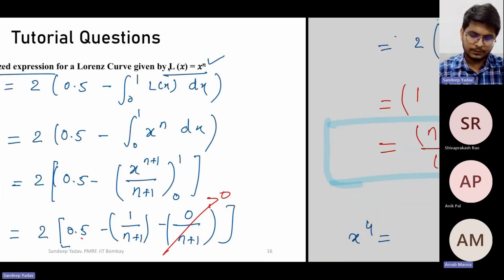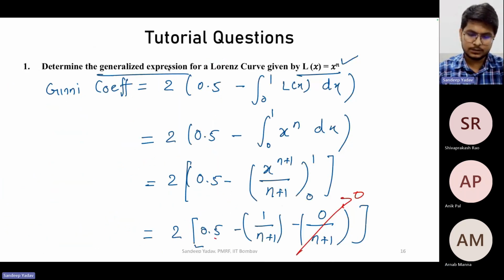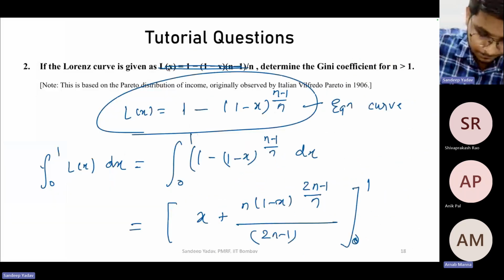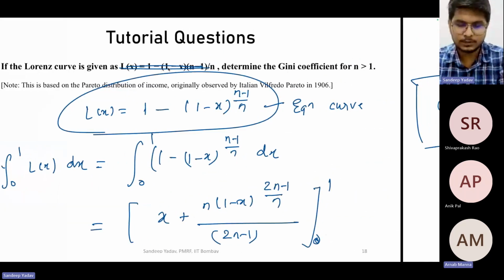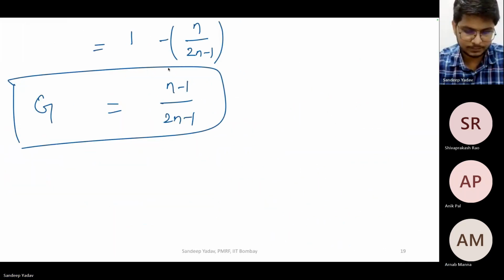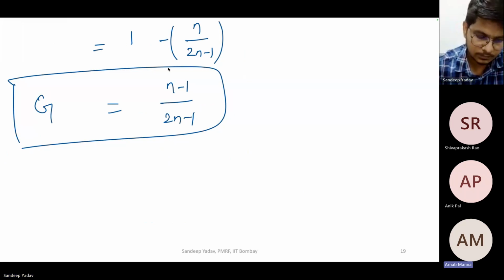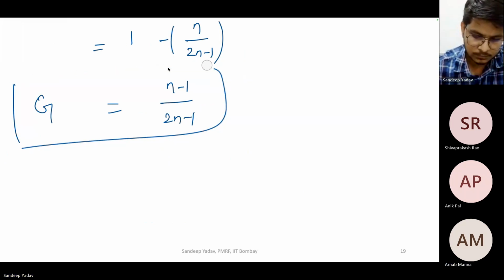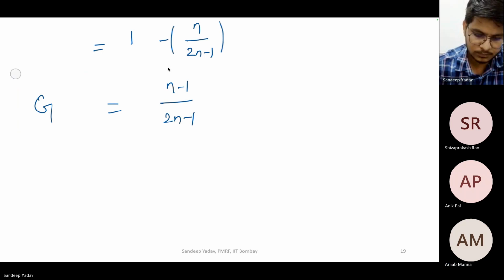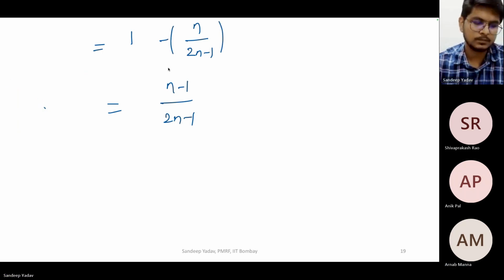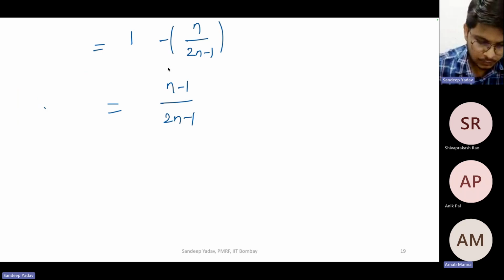This is the main formula. Yes, you're right. Here we only took the integration of Lx dx.